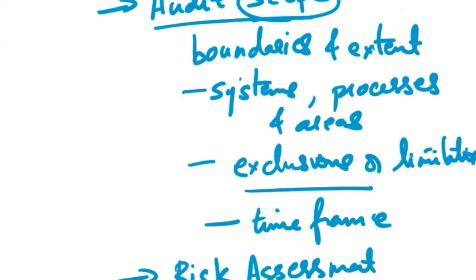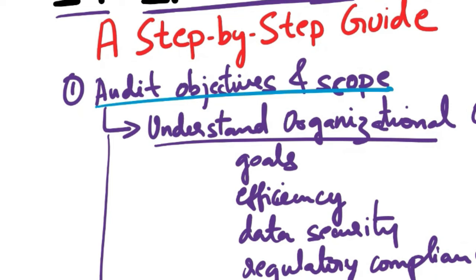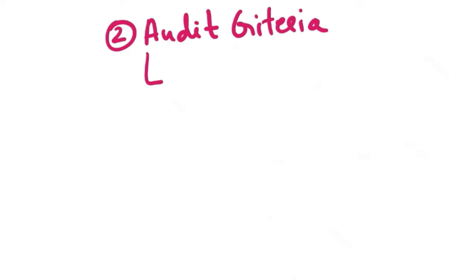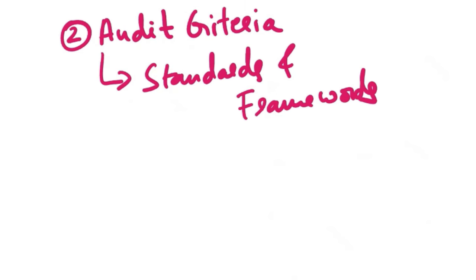So this is what you do in the first step, that is audit objectives and scope. Let's go to the second step now. This is to establish audit criteria. In this, you select the relevant standards and frameworks. You identify the standards, regulations, and frameworks applicable to the organization's industry, jurisdiction, and business requirements.